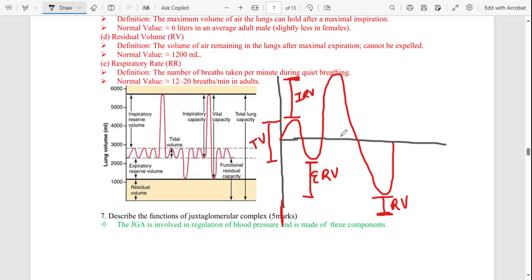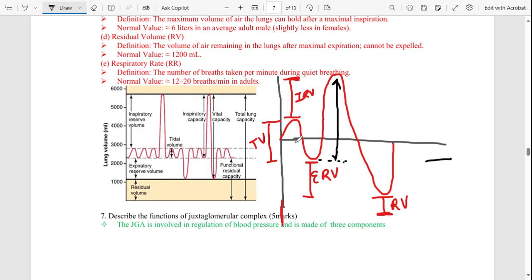Now, when you start combining volumes, that gives you what we call capacities. For example, if you start from the very beginning, you combine the tidal volume with the inspiratory reserve volume, meaning from this point all the way to the maximum point. So what have we combined?